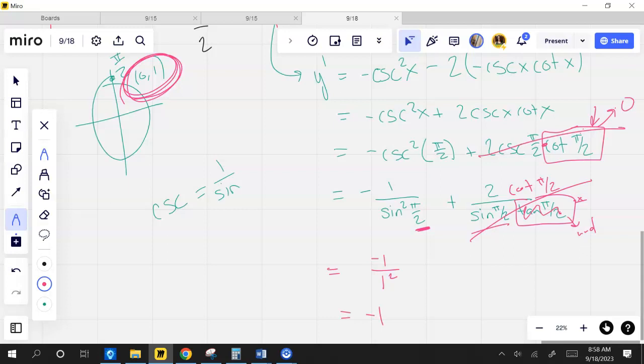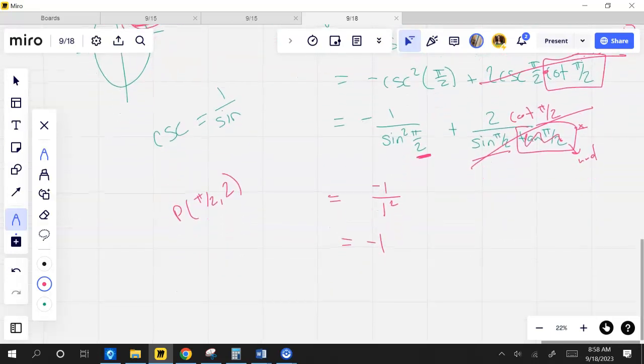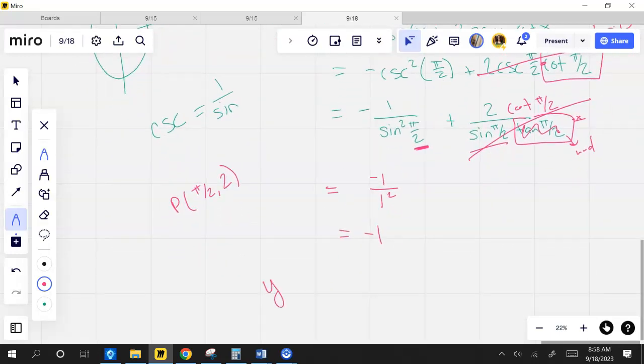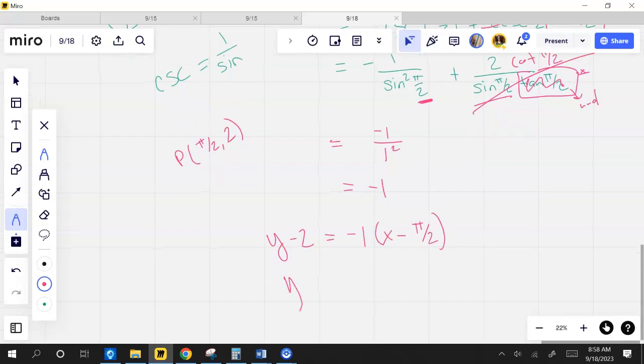Negative 1. What was my original point? What was my P? Pi over 2. I've got a point and I've got a slope. Write the equation of the line. y minus 2 equals slope times x minus pi over 2, and I could solve that for y very easily.